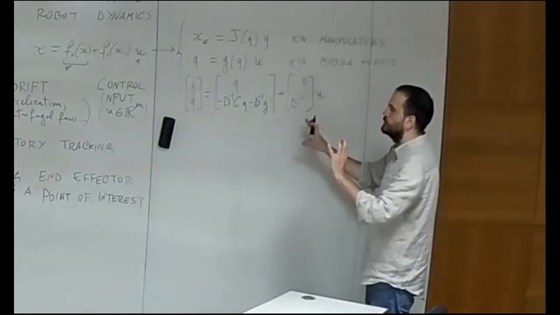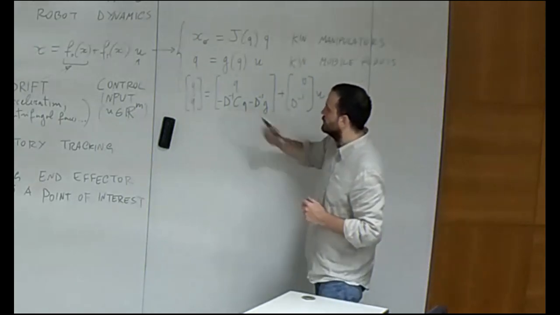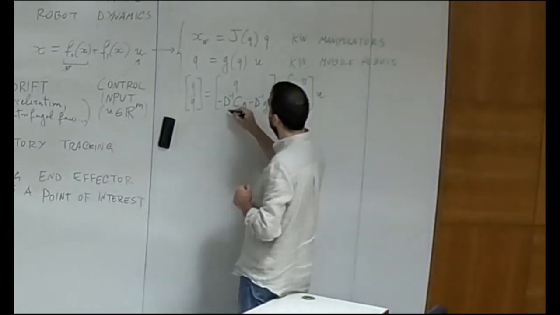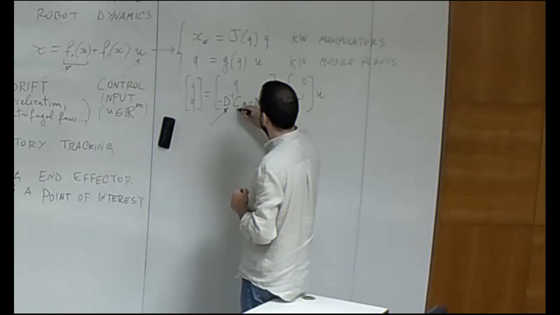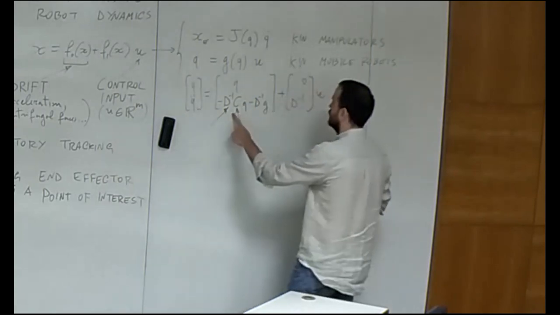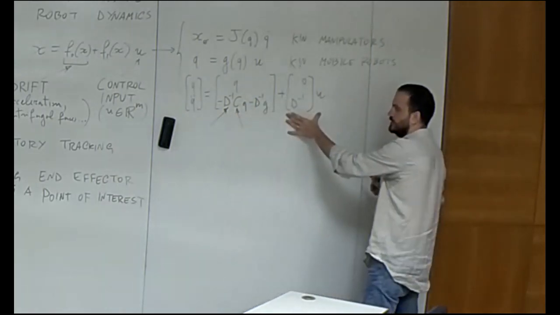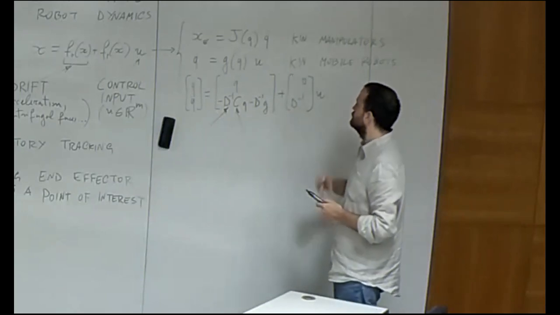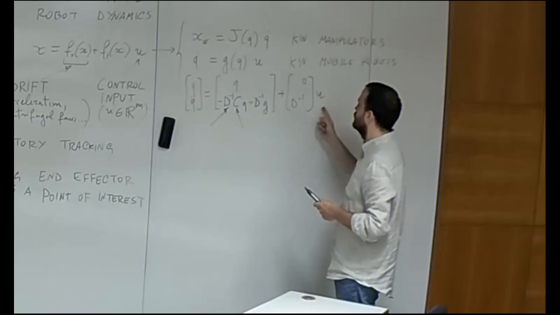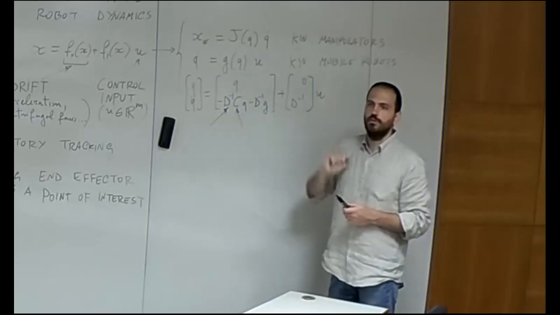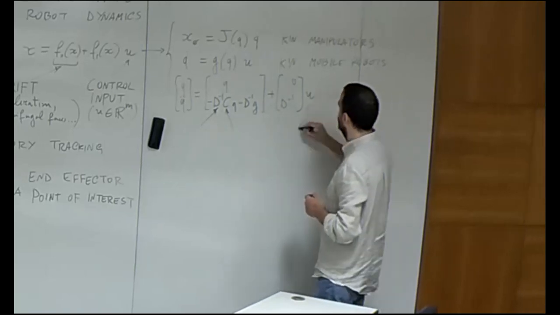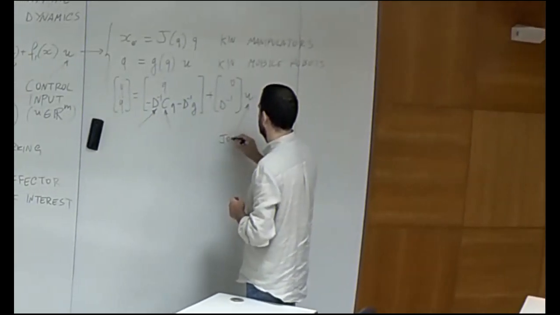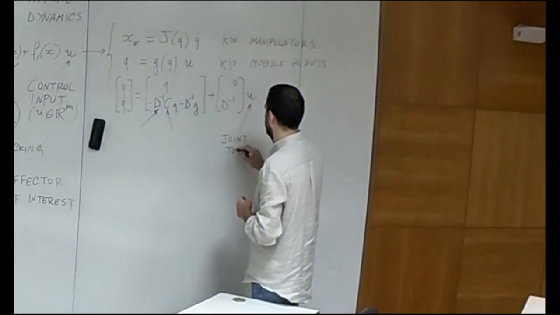It doesn't matter the expression inside, but the idea is that this represents the inertia and the centrifugal forces, whereas this is the f1(x), which is the external torques that we give to the joints.